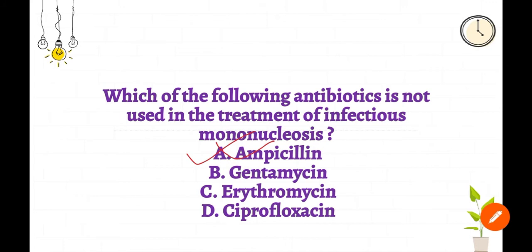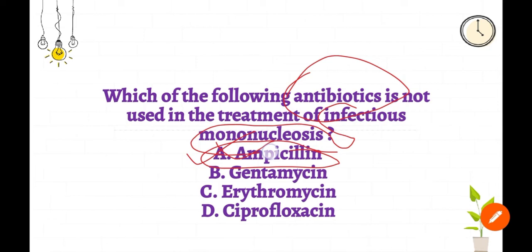Infectious mononucleosis is caused by a virus, the Epstein-Barr virus. So antibiotic is not the drug of choice. But sometimes in case of superinfection or any other comorbid infectious disease, if we use antibiotic but the patient is having infectious mononucleosis, we will avoid ampicillin, because ampicillin in an infectious mononucleosis patient causes maculopapular rash.